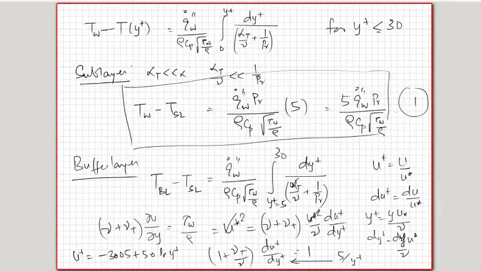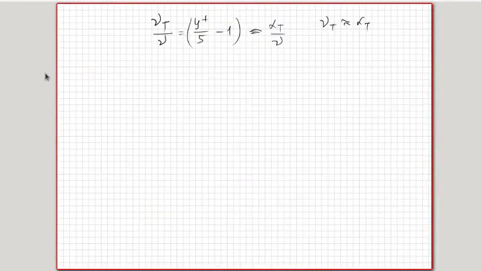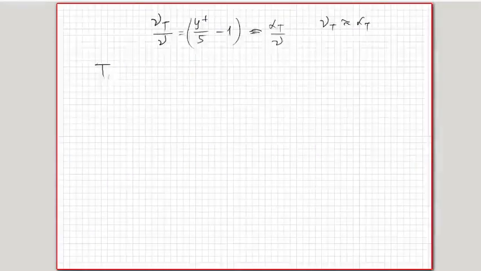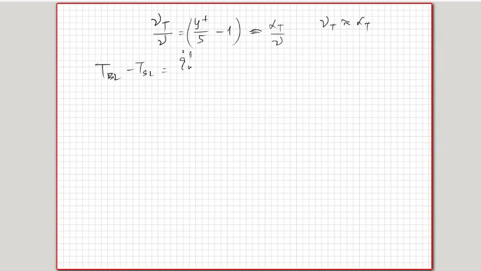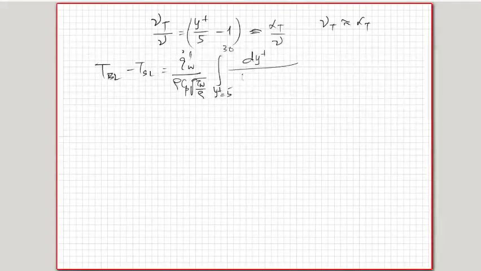So if I do that, then I get TBL minus TSL is equal to q dot double prime wall divided by rho Cp square root of tau wall by rho, and integral from y plus equal to 5 to 30 of dy plus divided by nu t by alpha is Y plus by 5 minus 1, and plus you will have a 1 by PR.